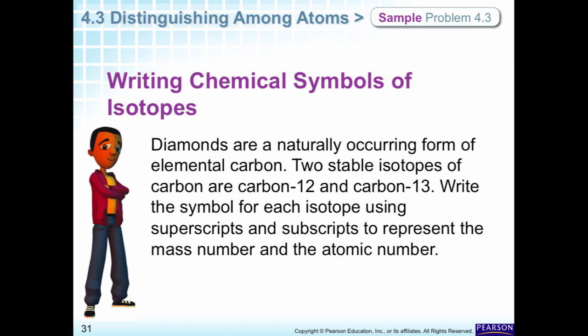So let's write the chemical symbols of isotopes. I showed you one, but usually when we do it, we actually write it out in English. So for instance, we'll have carbon 12 and carbon 13. If I wanted to write that in symbol form, I'm going to use superscripts and subscripts.